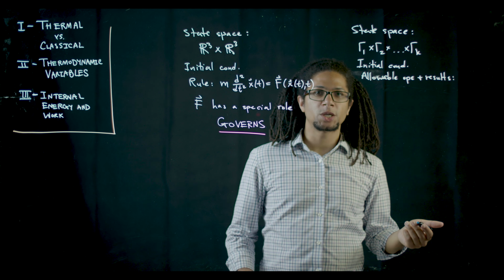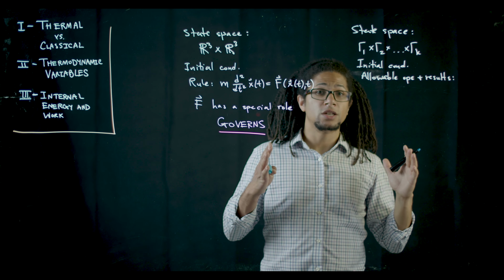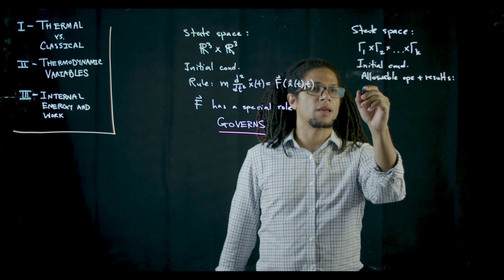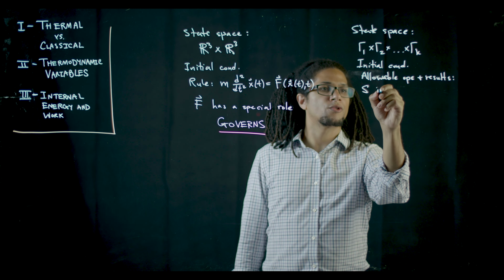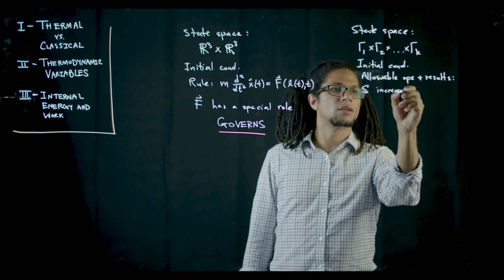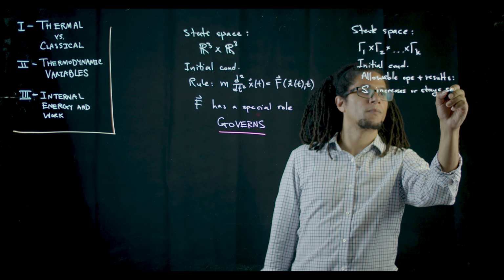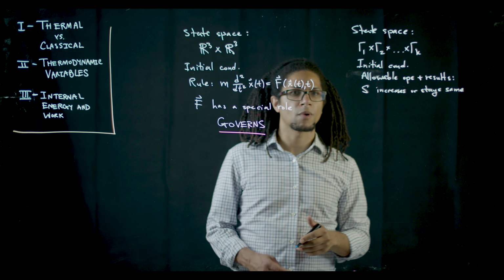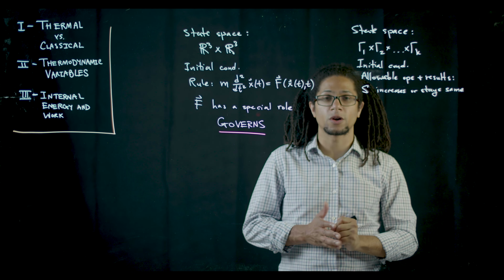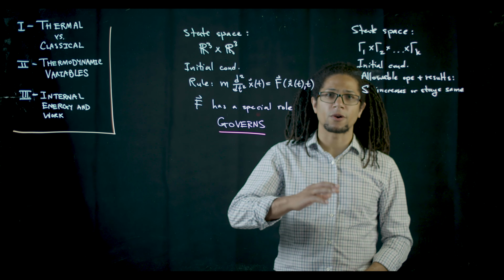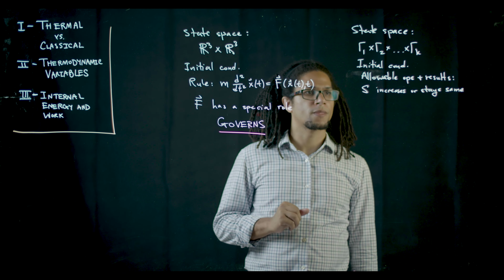The allowable operations all made entropy either go up or stay the same. S increases or stays the same. And we talked a little bit about what those operations were in the last lecture. We'll get a little deeper into what they are in the next lecture.